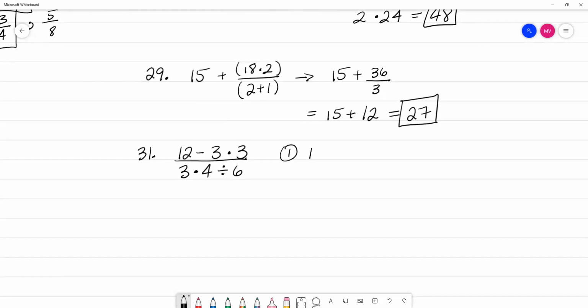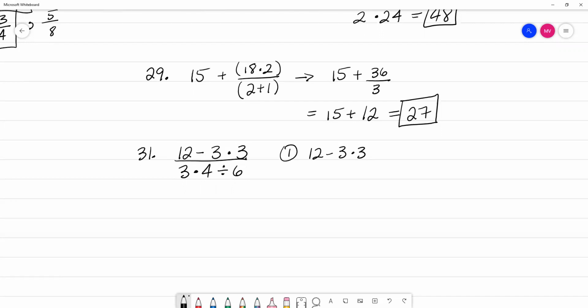Do your numerator first. 12 minus 3 times 3. What do I do first? Order of operation. Okay, then what did you do for 31? All right, then you will want to start that one over off to the side and work this with me.